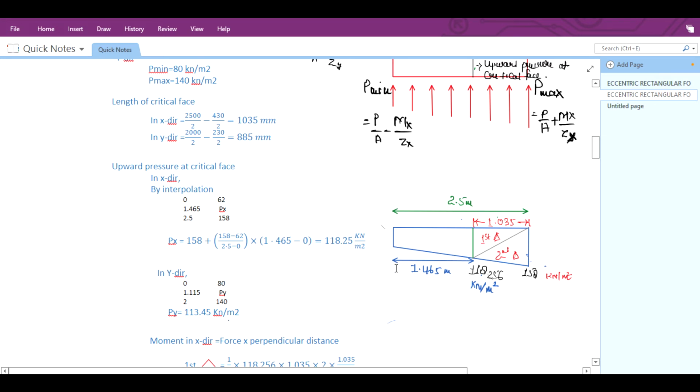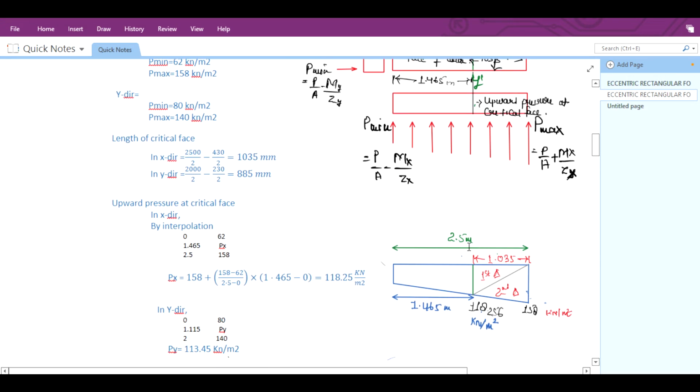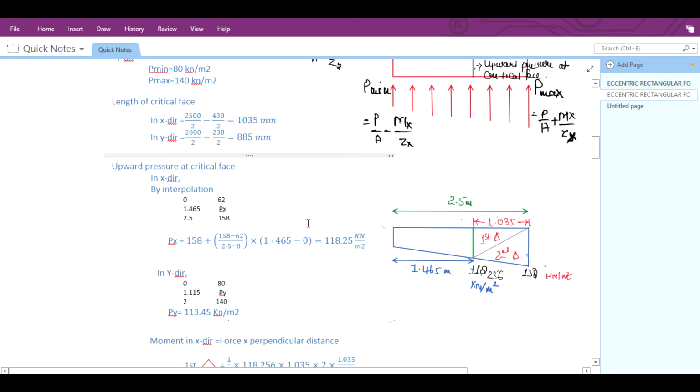At 0 our net upward pressure is 62 for the x direction, and at 2.5 it is 158. So at 1.465, that is at the face of the column, we have to calculate.